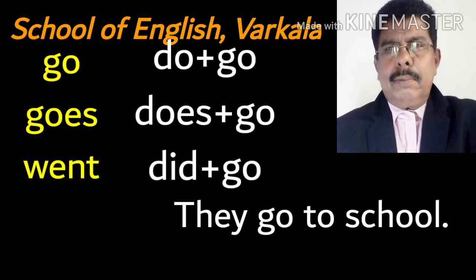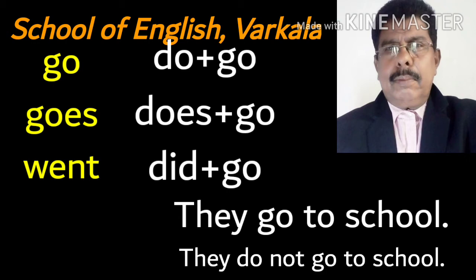If so, look at the sentence. They go to school. Go is do plus go. And we can add not to that auxiliary verb do. Do is an auxiliary verb. We can add not to it. So, they go to school. They do not go to school.